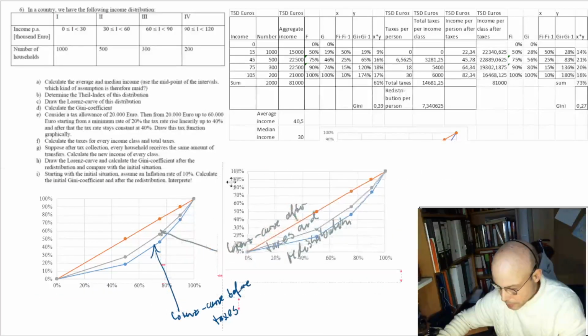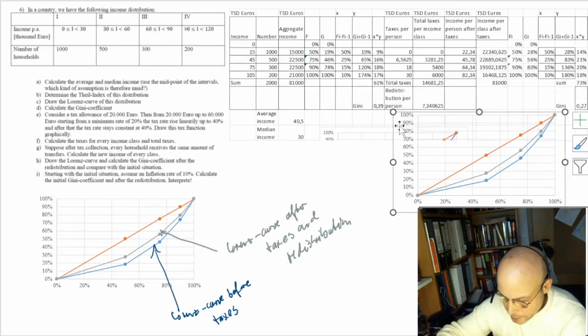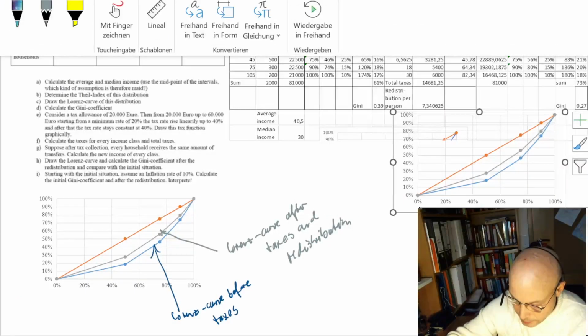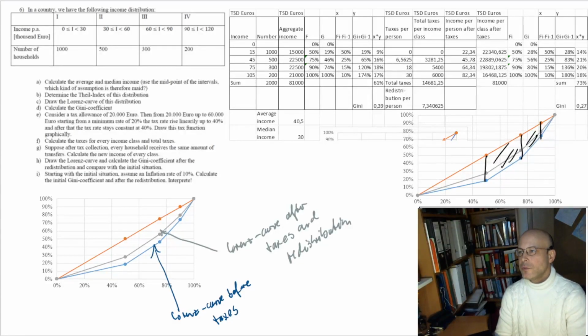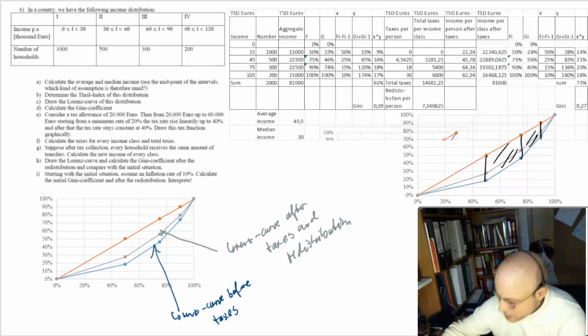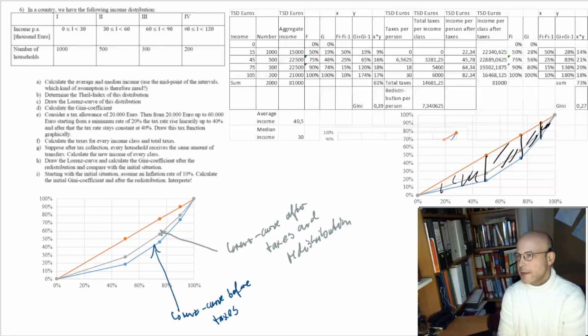All these trapezoids here, these we have to sum up. These are triangles, but you can say that a triangle is just a degenerated trapezoid where one side has just length 0.